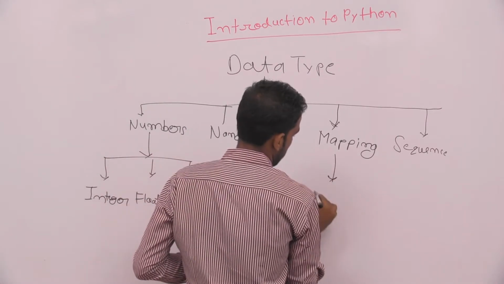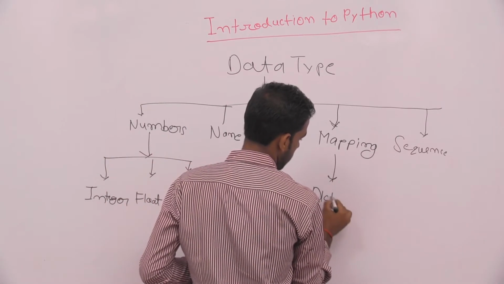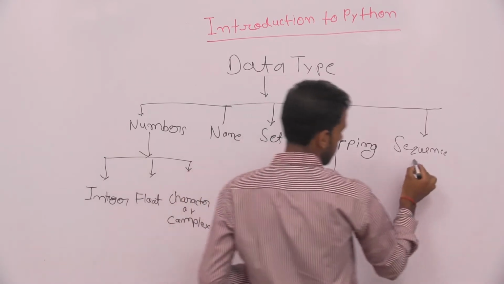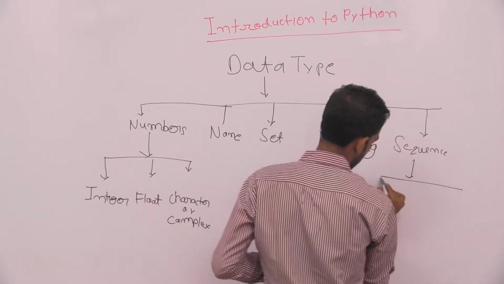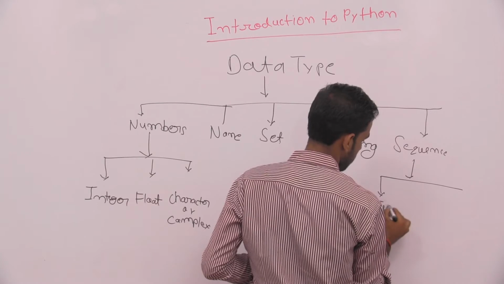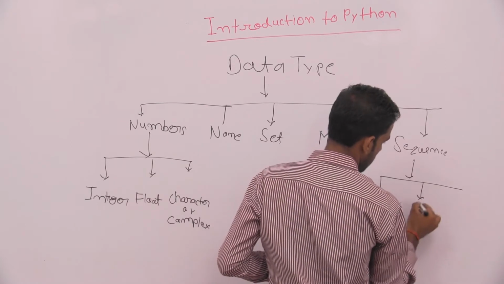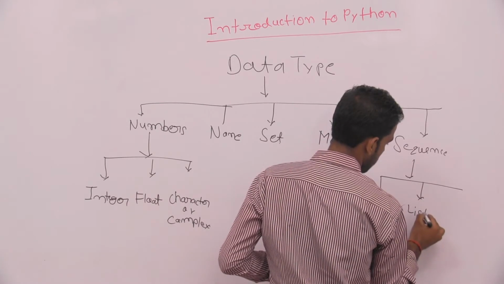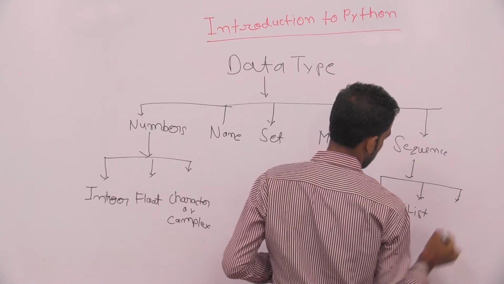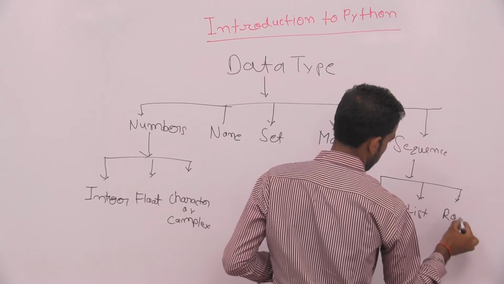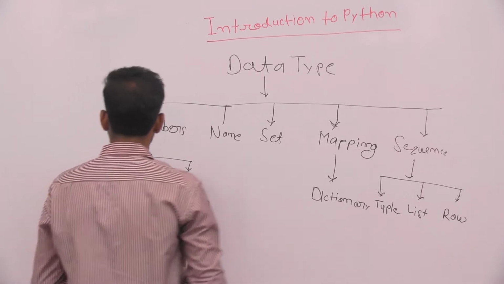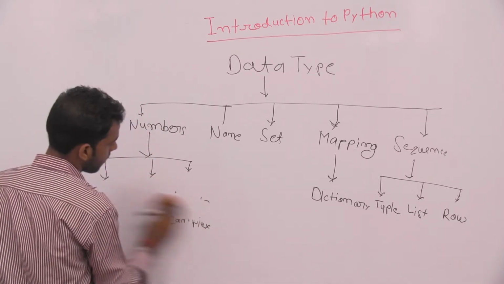Mapping is subcategorized into dictionary, and sequence is further subdivided into three parts: first is tuple, then list, and range. So these are the classifications of data types. Now I would like to tell you one by one.